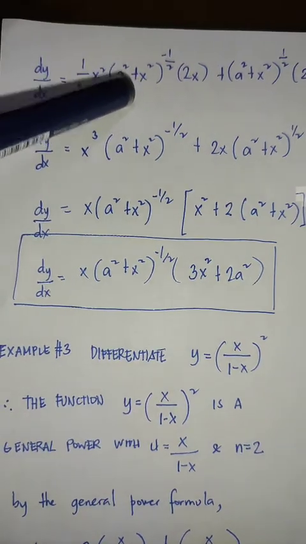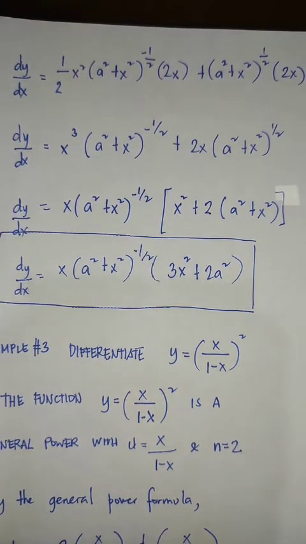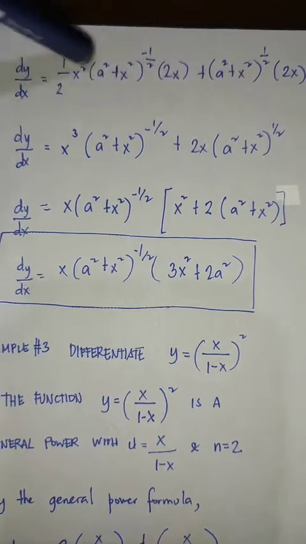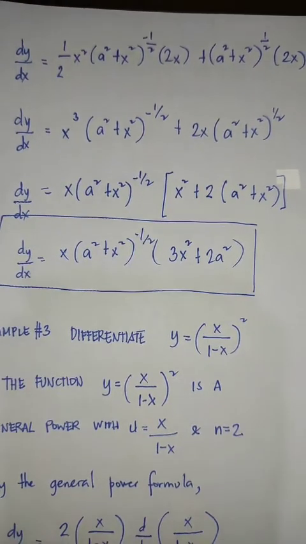Tapos yung kabilang side kasi wala namang problema. Yung a square plus x square raised to 1/2 times 2x. So, performing the operation, ang magiging sagot is x times quantity a square plus x square raised to negative 1/2 times 3x square plus 2a square.